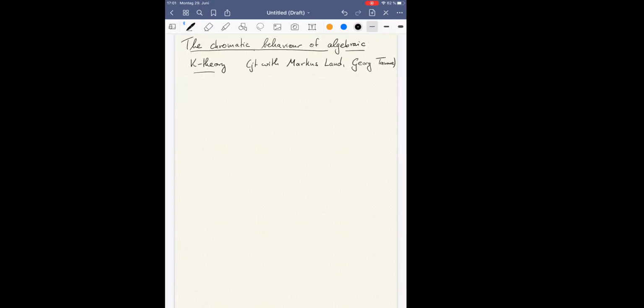Okay, so let me start with a bit of motivation. Many of our most powerful invariants of rings or schemes transform characteristic P into characteristic 0.